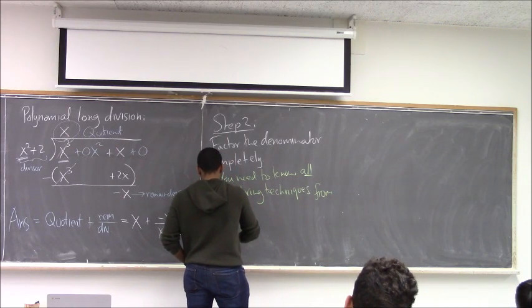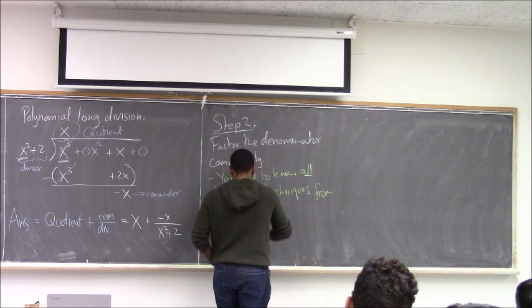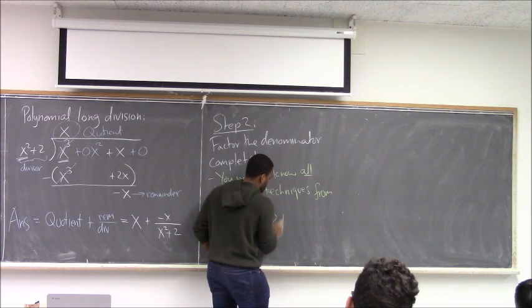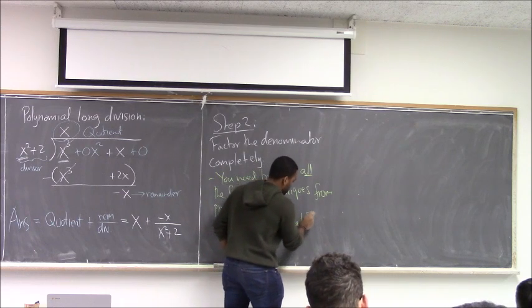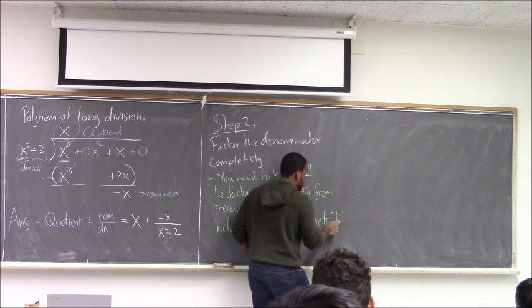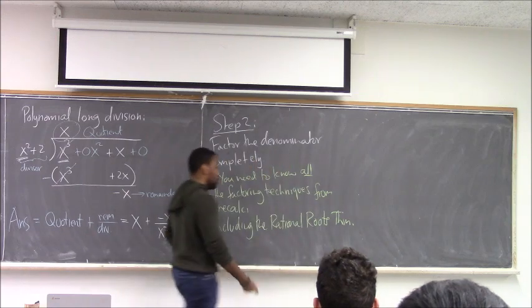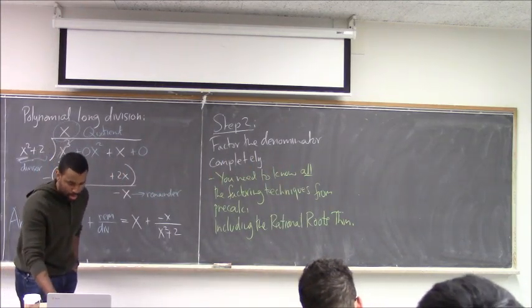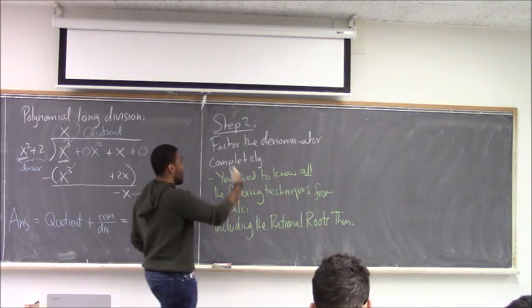By the way, including the rational roots theorem. I do expect you to know that and know how to apply it. It's from pre-calc. If you don't remember how to do that, go watch my Math 195 lectures on dividing polynomials.